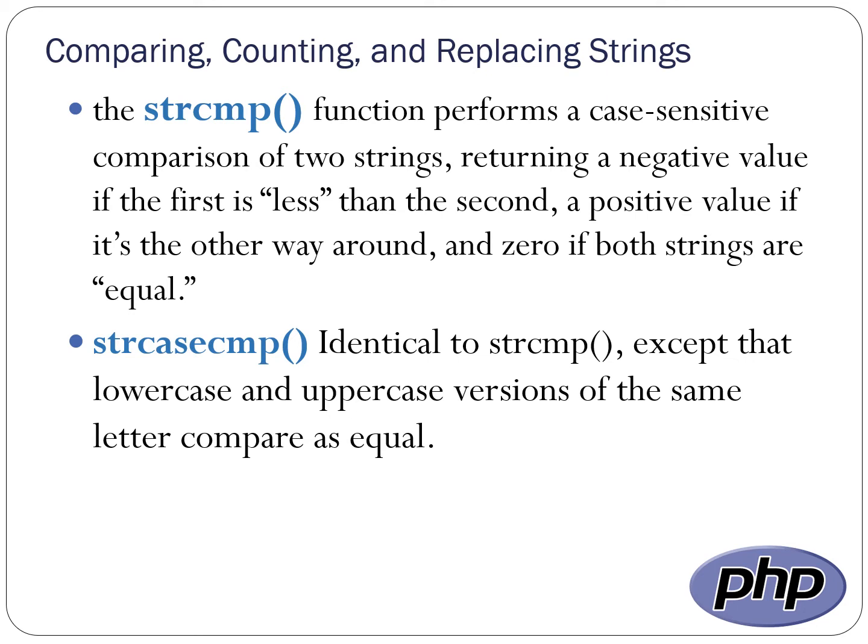Both are used for string comparisons, and in the former, strcmp, the comparison is case sensitive. It will produce a negative value if the first is less than the second, a positive value if the first is greater than the second, and zero if both are equal. strcasecmp is identical to strcmp, but lowercase and uppercase versions of the same letter compare as equal.